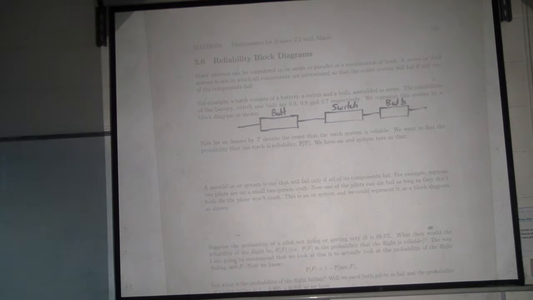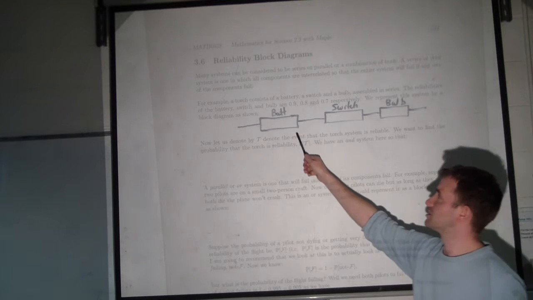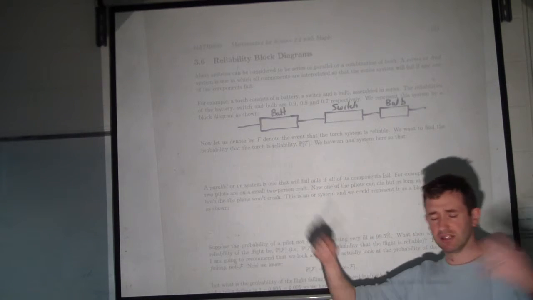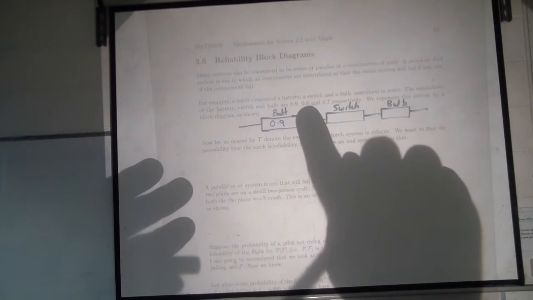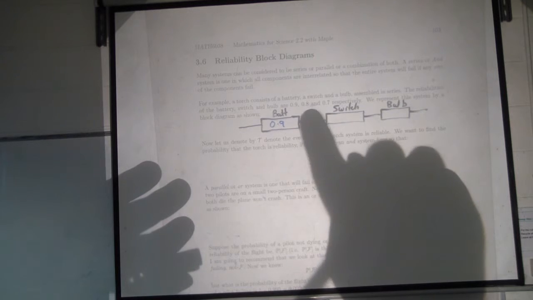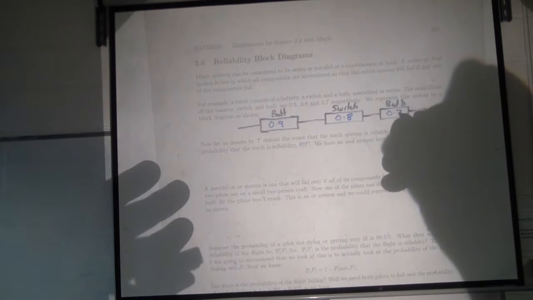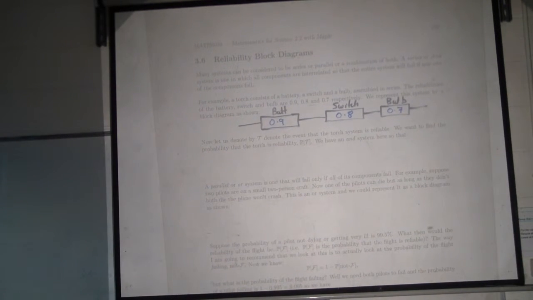But probably a reasonable way of thinking about it is maybe 0.9 is the probability that the battery lasts, let's say, 6 months, all else being equal. So that would be what that 0.9 represents. Say there's a 0.8 probability that the switch works for a year, and there is a 0.7 probability that the bulb works for a year, or maybe let's say works for 24 hours continuous use, something like that.